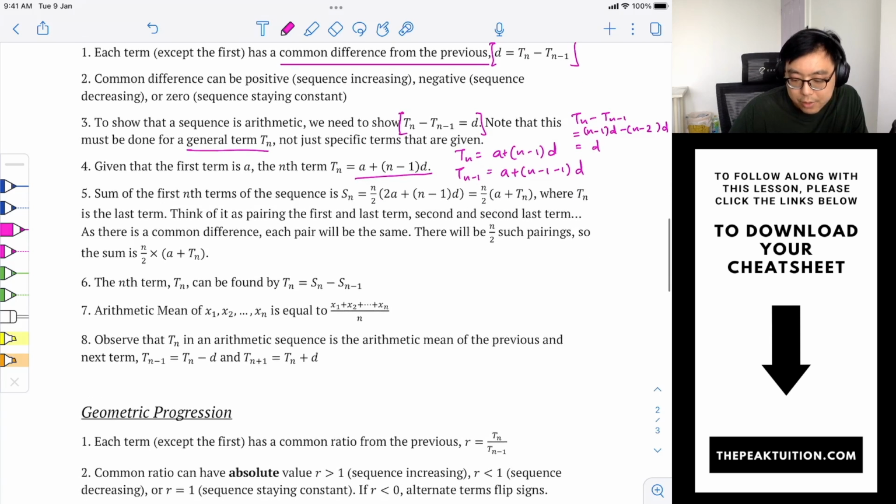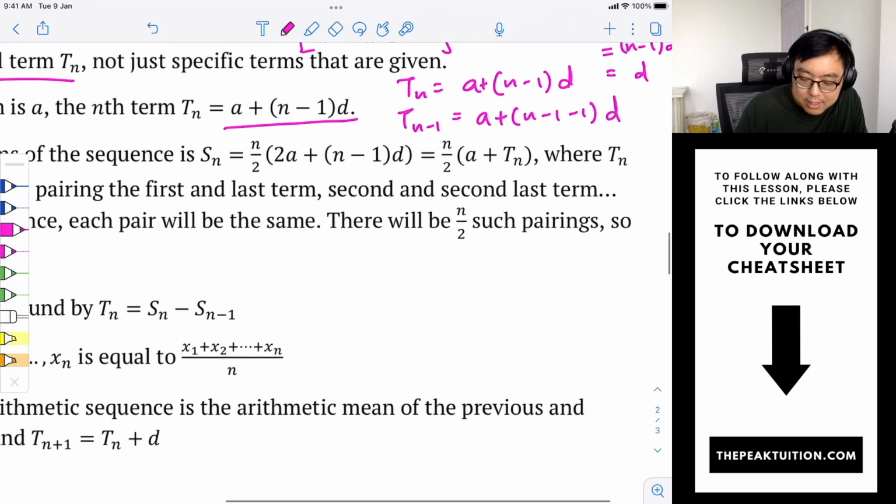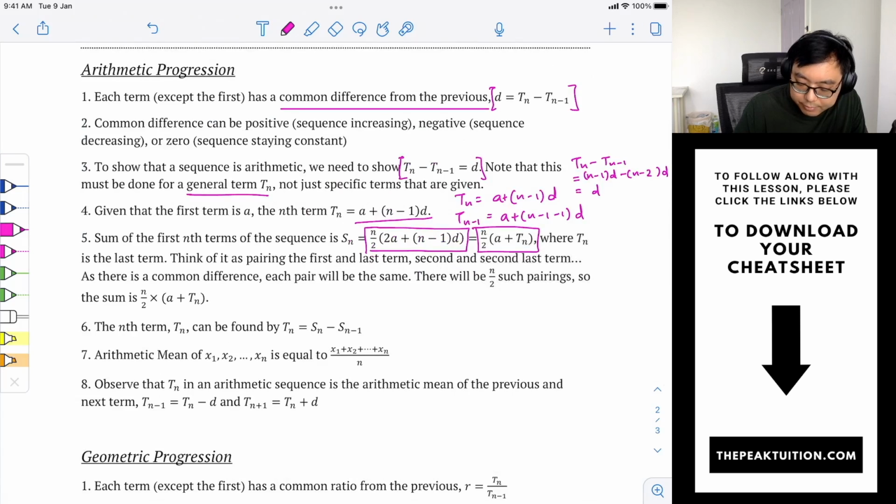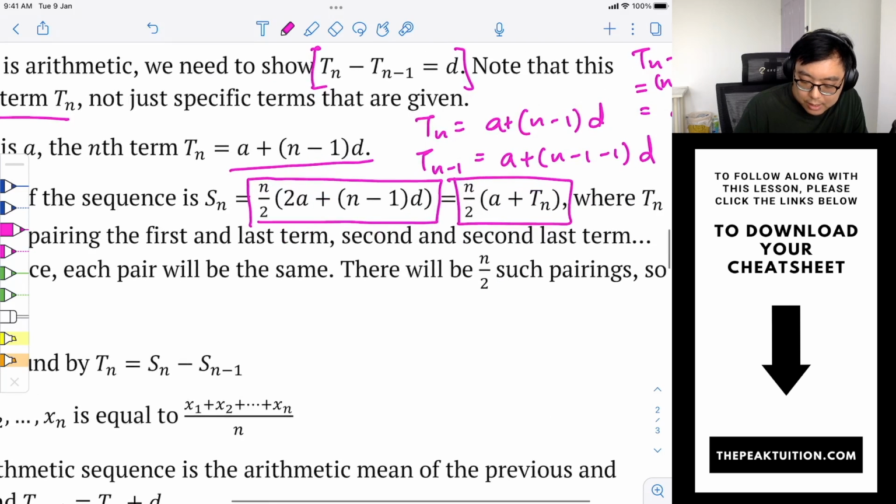After getting the general nth term, we need to sum them up. So summing them up will give us this sum, which also equals to this. How we think about this is that n over 2 times 2a, okay, let's say we have an arithmetic sequence where we have a constant difference.